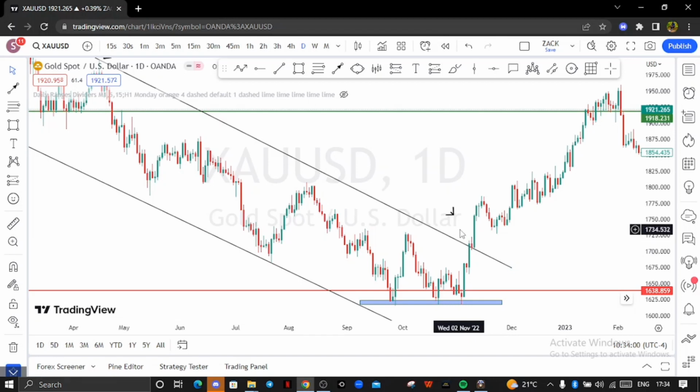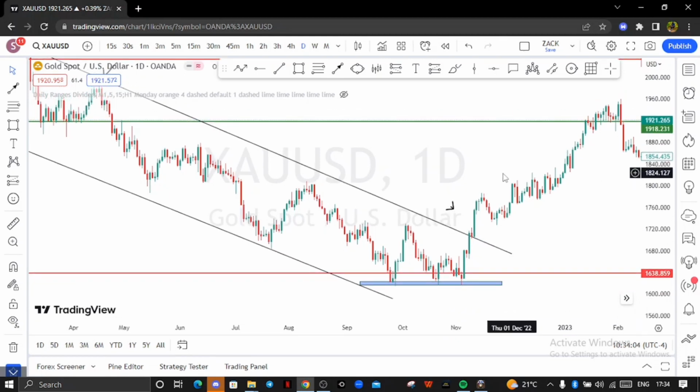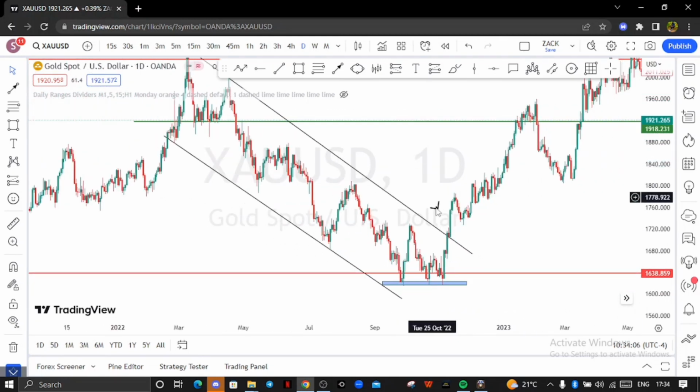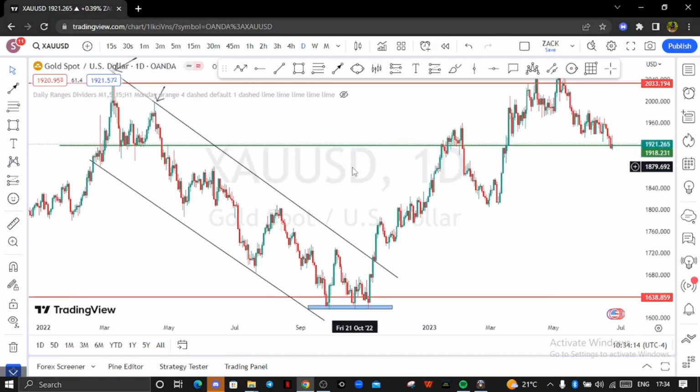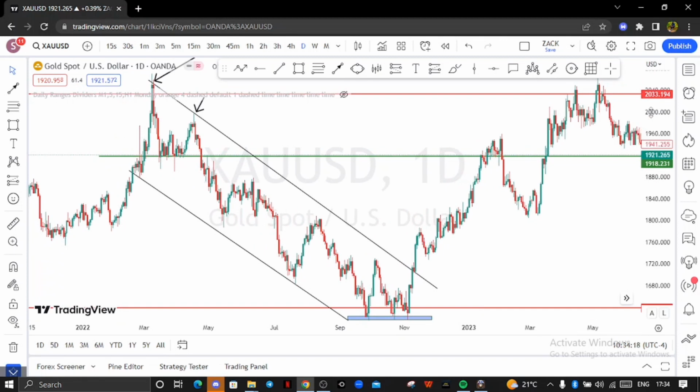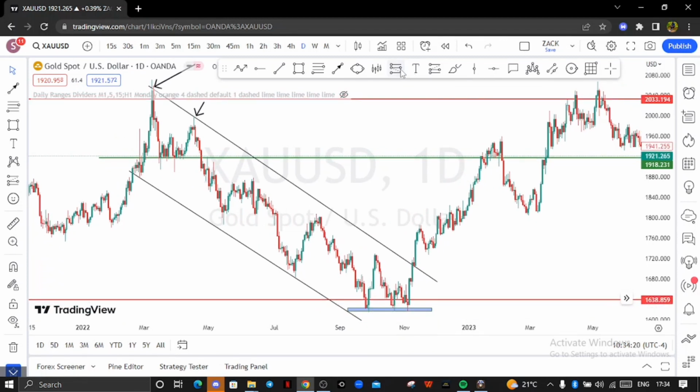So normally I like to enter during such breakouts, but I normally like to dive into the smaller time frames so that I can find the patterns which can help me to get those accurate entries. If you had entered on the daily time frame, unless you're an investor, it would have been a very huge risk.